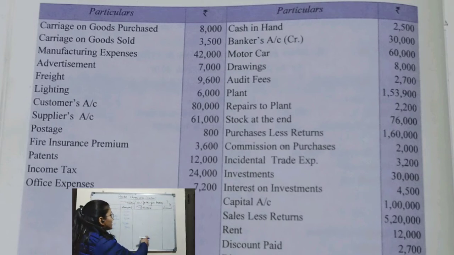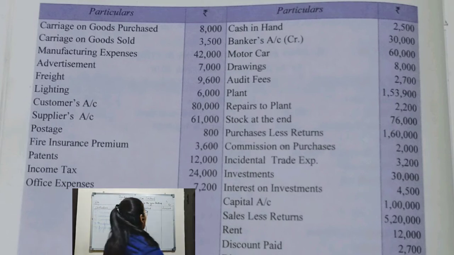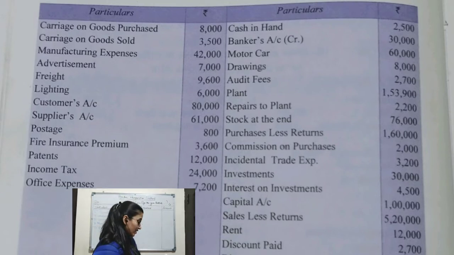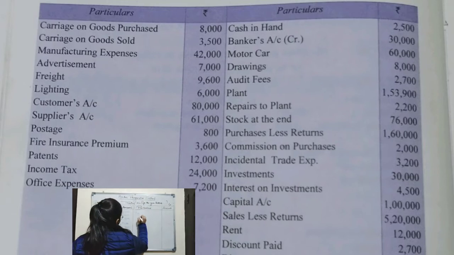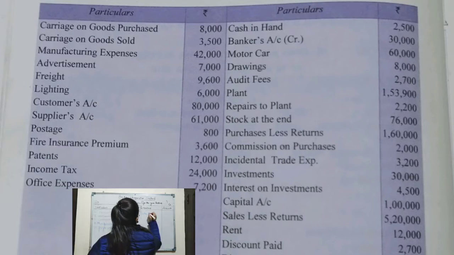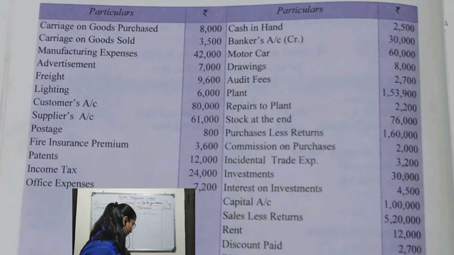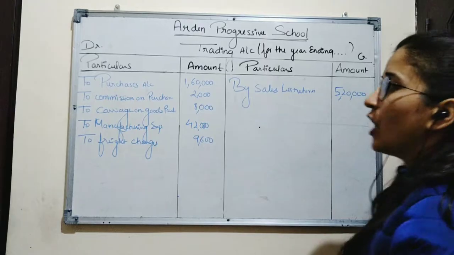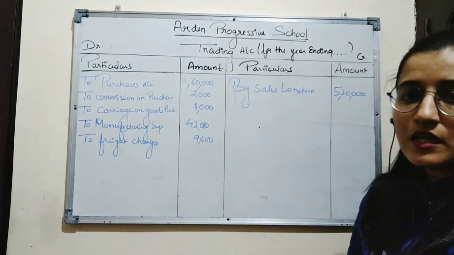On the credit side, we record sales and closing stock. As closing stock has not been given in the question, we will not record closing stock. Only one item will be recorded, which is sales. By sales less return. Net amount has already been given in the question. Amount is 5,20,000.